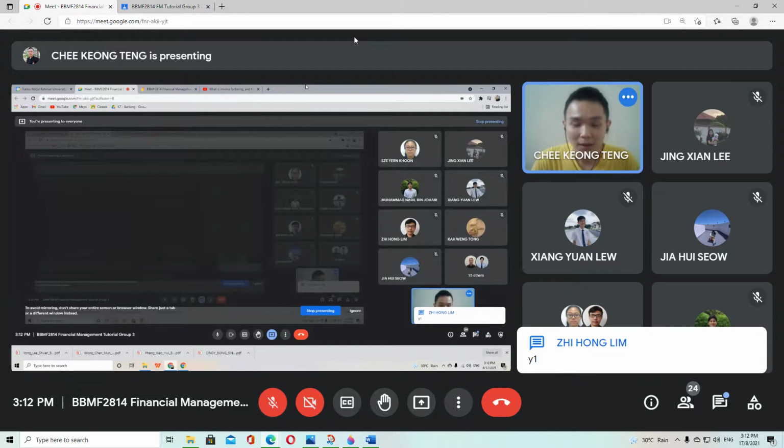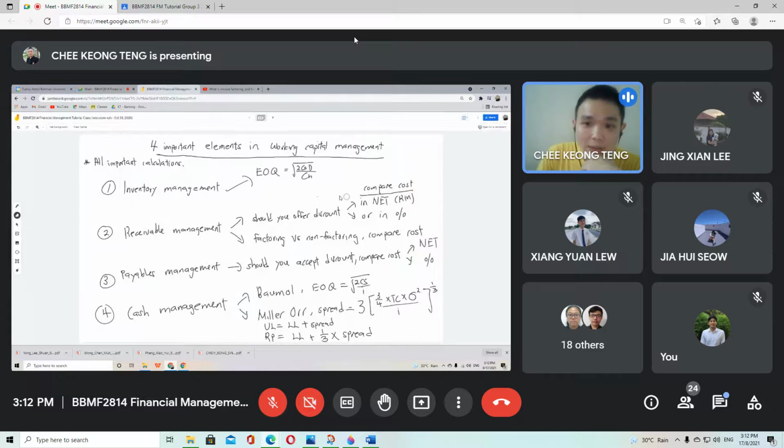Year 1, okay. So just wondering, in your year 1, I think you all have learned EOQ. Correct me if I'm wrong. Alright. How about factoring versus non-factoring, comparing the cost? Did you all do something like that before? Compare the cost of factoring versus non-factoring. Have you all learned that before?